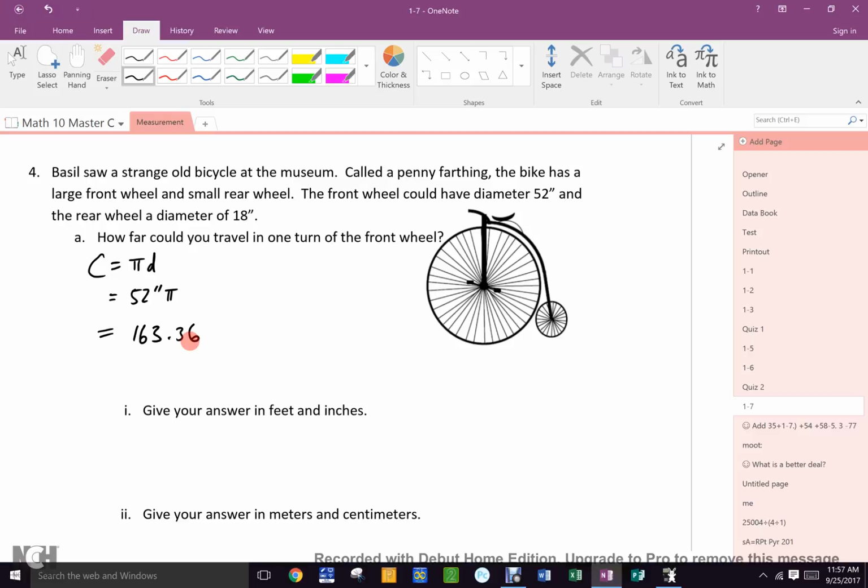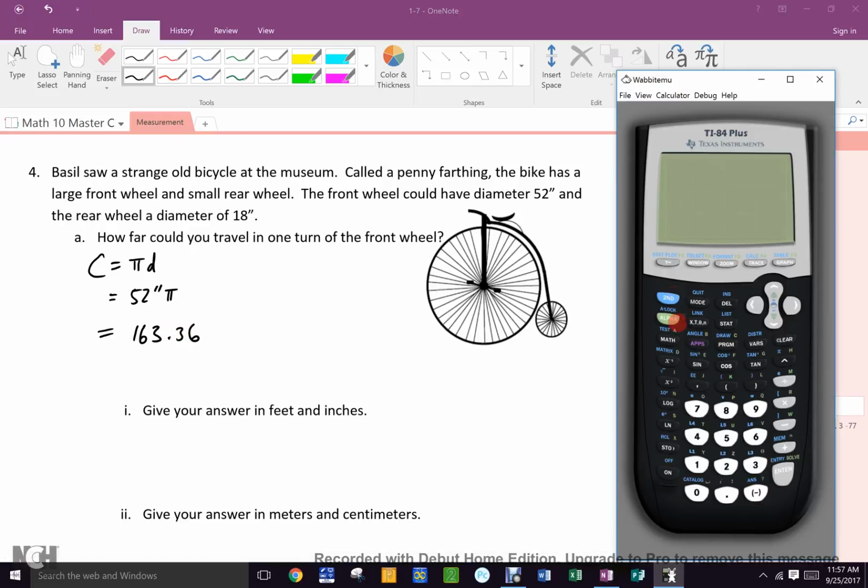Yeah. So, that was the math you had to do. But that does not answer any question yet, does it? Because the first question wants this in feet and inches, yes? So that is going to be in inches, correct? So when I go to my calculator and I do 52 pi and I get that barf-tastic answer, do I clear it off my calculator?